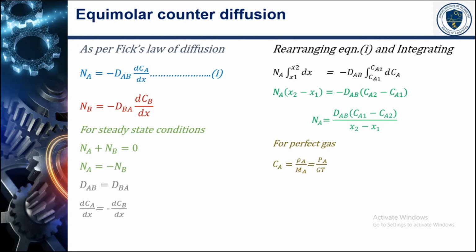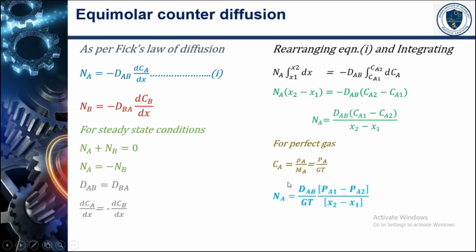This equation we already derived in the first session of the class. Now we apply the value of Ca in this equation. The equation is rewritten in this form. This equation is used to find the equimolar counter diffusion mass transfer for species A, that is Na is equal to Dab divided by Gt into Pa1 minus Pa2 divided by x2 minus x1.